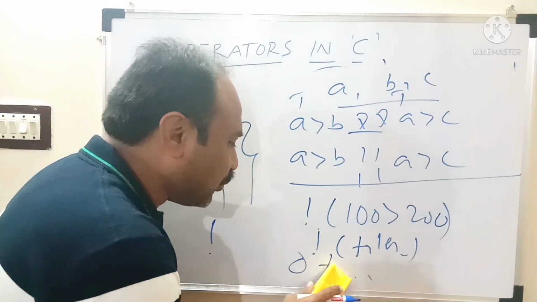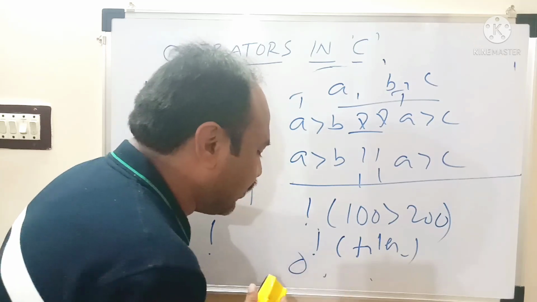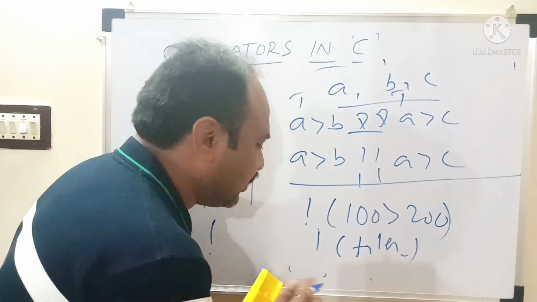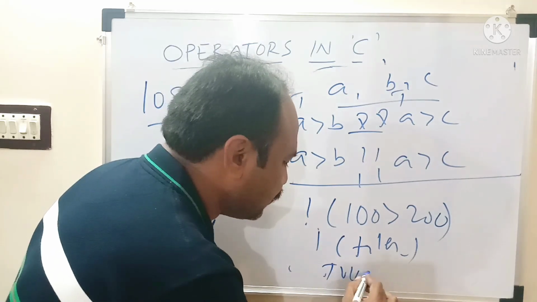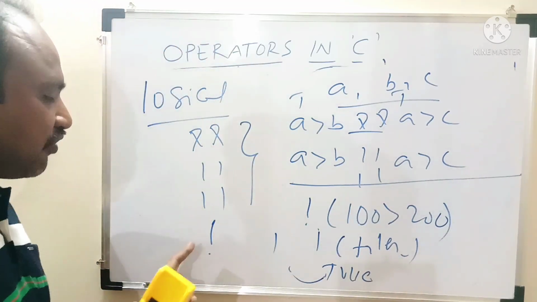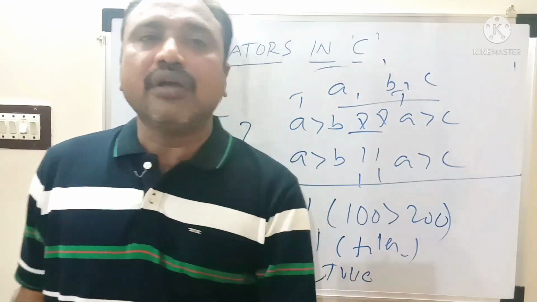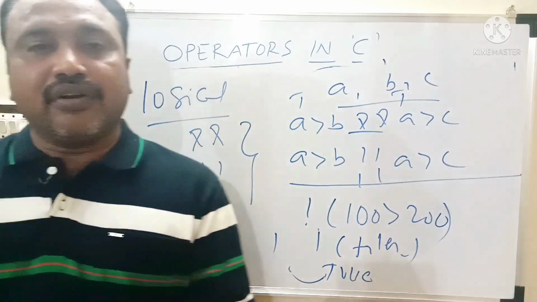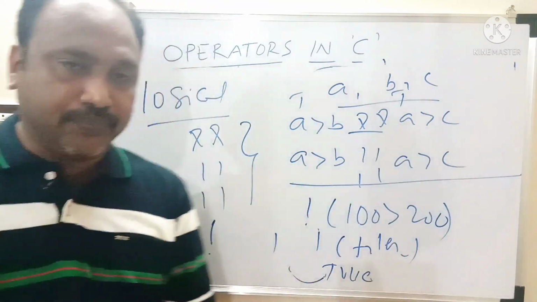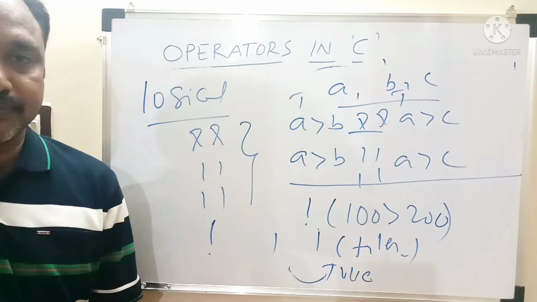If it is true, just now I explained, it will return 1. If it is false, it will return 0. Not false means true, so you will get the answer as 1. That means if you use not, we will get opposite results. Condition is true, result is false. Condition is false, result is true. That is regarding logical operators.